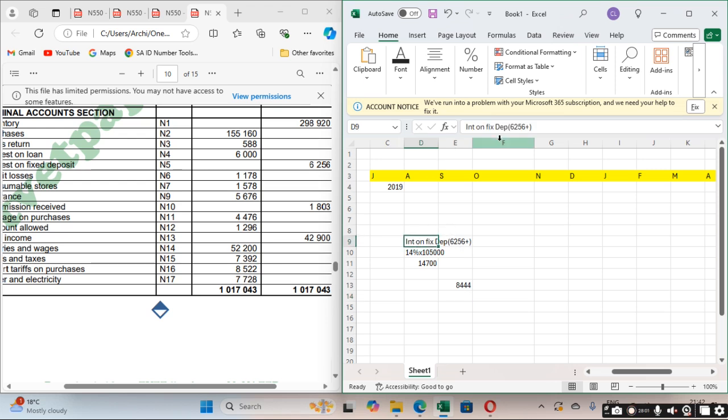So simply meaning we're going to add it with 8,444 to give us a total of 14,700. So this is how you record it on your income statement.